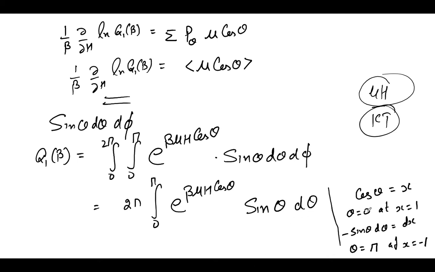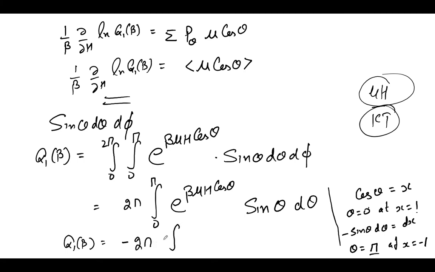So theta, which is varying from 0 to pi, the range of x is changed from 1 to minus 1. So I can write this equation q1 beta as, because here minus sine theta d theta will be equal to dx, so I will write it here minus of 2 pi.